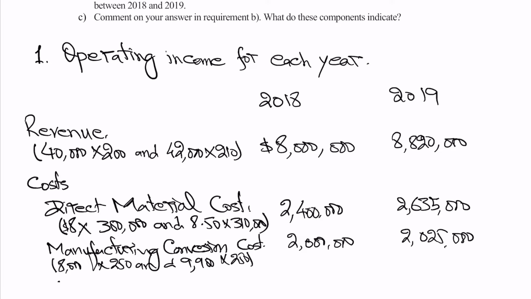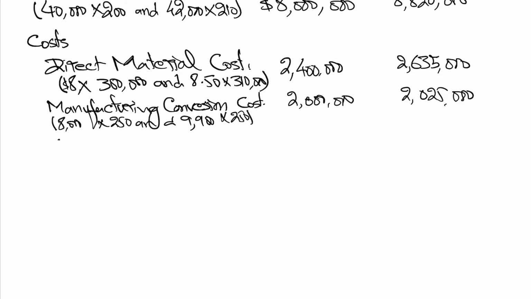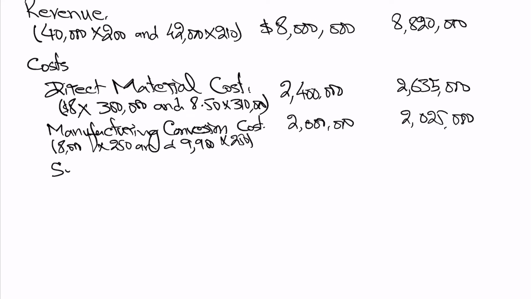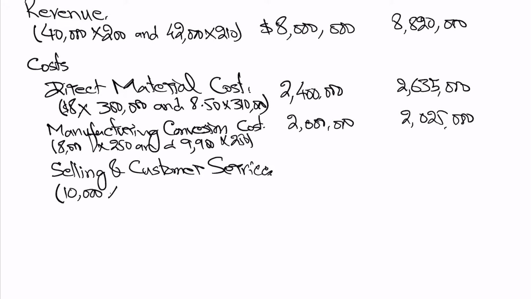Selling and customer services. So we see here 10,000 into 100 and 9,900 into 95.